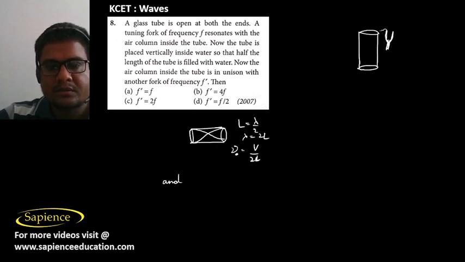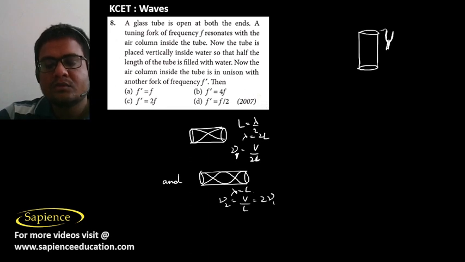And then the first harmonic, so the fundamental frequency is the first harmonic, then the second harmonic will be somewhat like this. So here we have lambda by 2 plus lambda by 2, that is lambda. So here lambda equal to L, so nu 2 will be equal to V by L, which is equal to 2 nu 1.